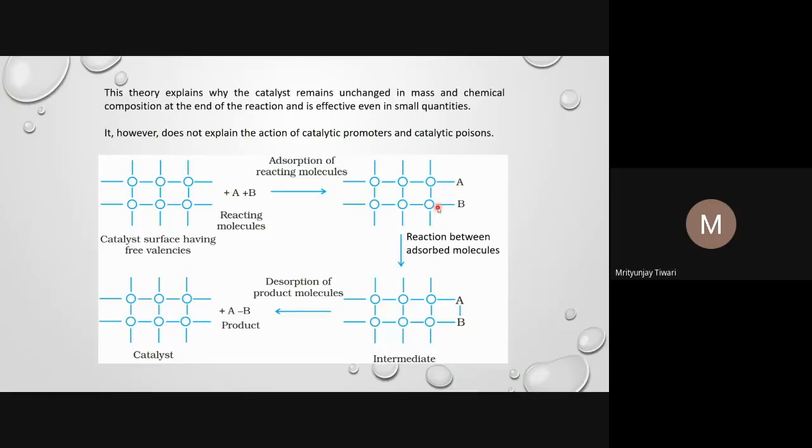Those bonds get elongated, so the bond has already broken to a certain extent, and so the barrier will decrease. Why this barrier? Because for a chemical reaction to happen, we have to break certain bonds, and to break a bond we require certain energy, and that is the barrier energy we see in the form of activation energy.